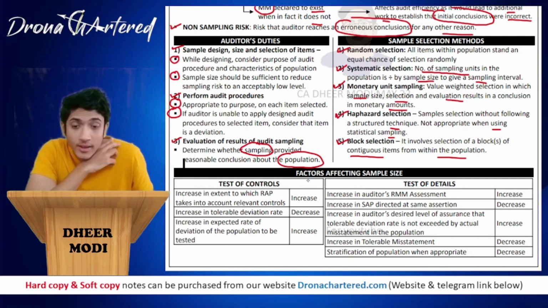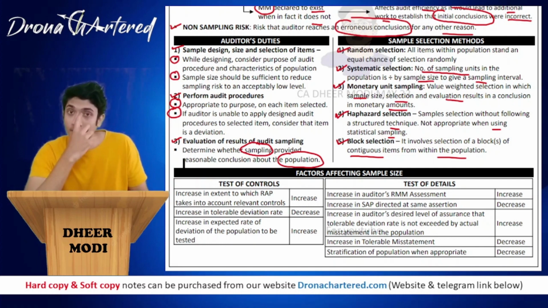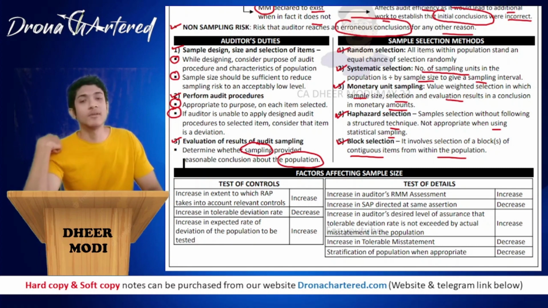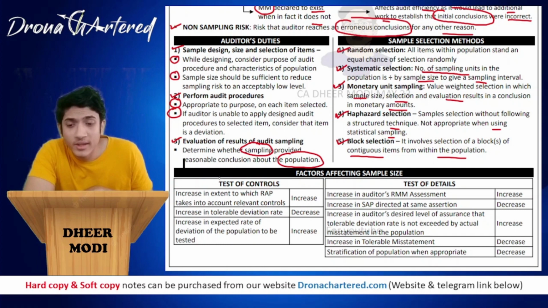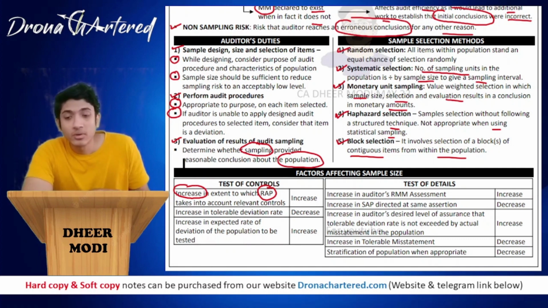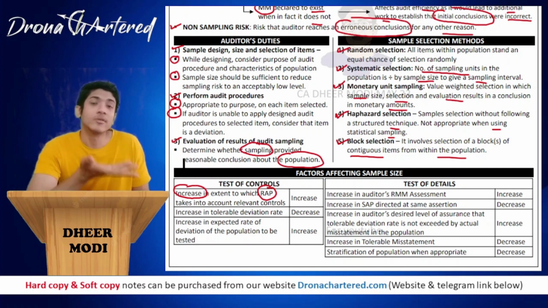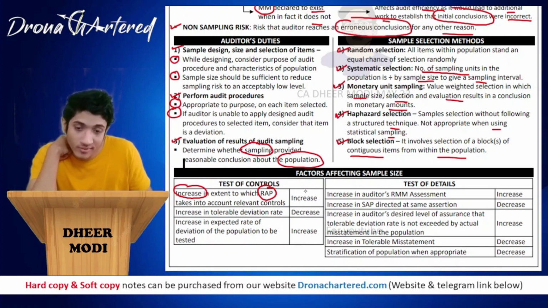The next is your factors affecting sample size, that is, on what basis will you determine what your sample size should be. First is your test of controls and test of details. For test of controls, an increase in the extent to which your RAP takes into account relevant controls means you will have to increase your sample size.